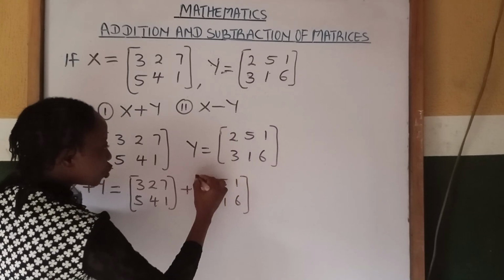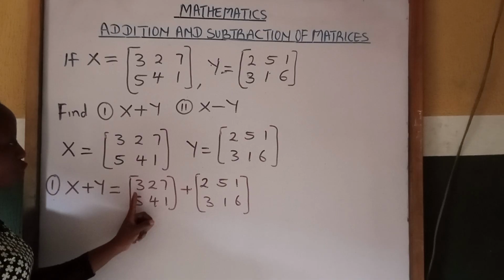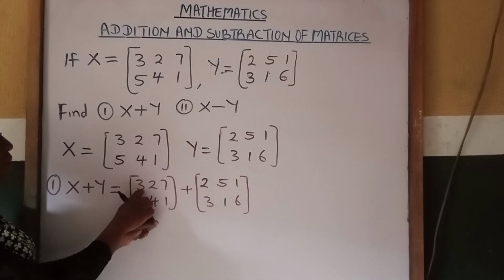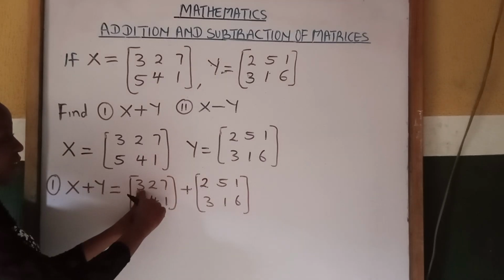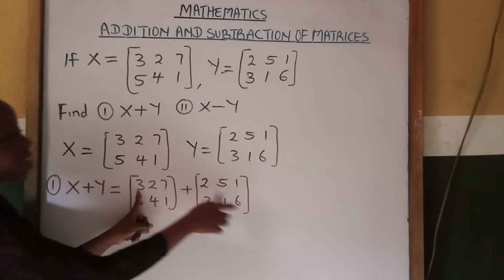Very simple. What are we going to do? The first element from the first matrix plus the first element from the second matrix.